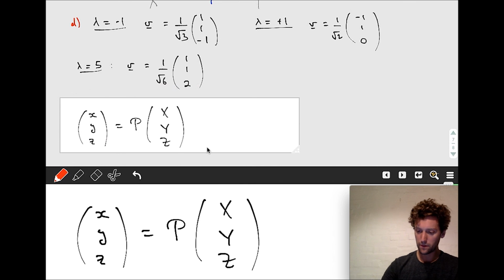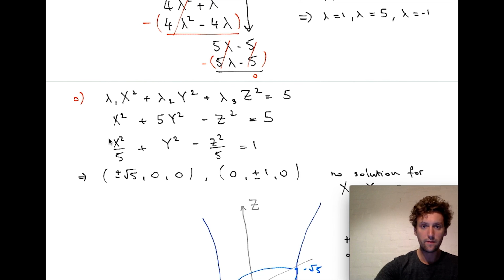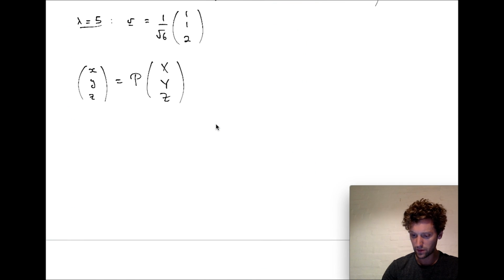When I wrote down my eigenvalues, lambda 1 x squared, lambda 2 y squared, lambda 3 z squared, you can see that I associated x squared with the eigenvalue plus 1, y squared with the eigenvalue 5, and z squared with the eigenvalue minus 1. So I have to be respectful of that when I'm writing down what P is.